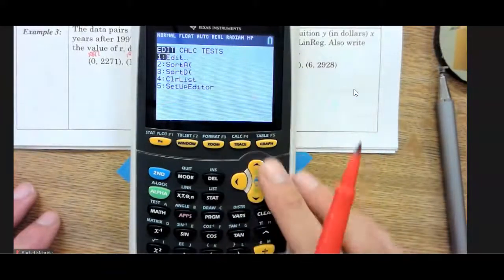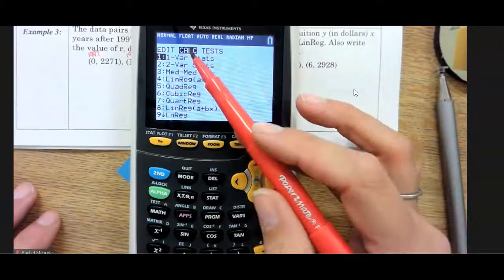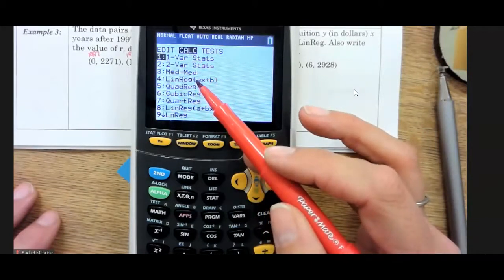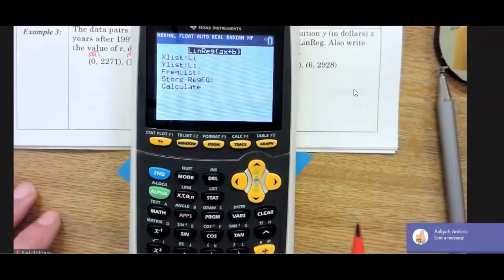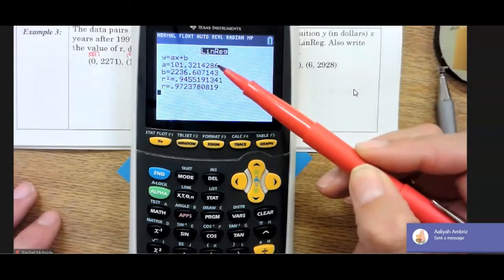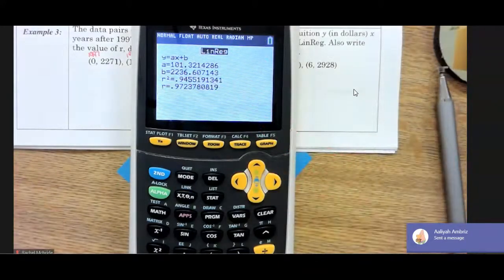We're going to arrow over to calc and go down to option number 4 and hit enter. That should give you an A, a B, and an R. If you do not have A, B, and R today, I will not fix your calculator tomorrow. So you need to make sure your calculator today gives you that A, B, and R.